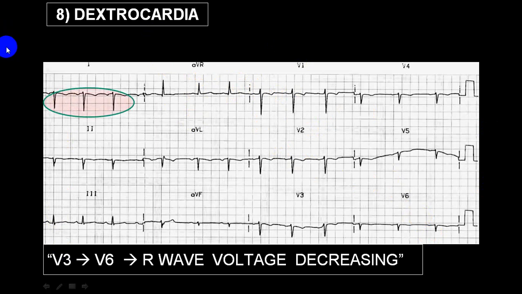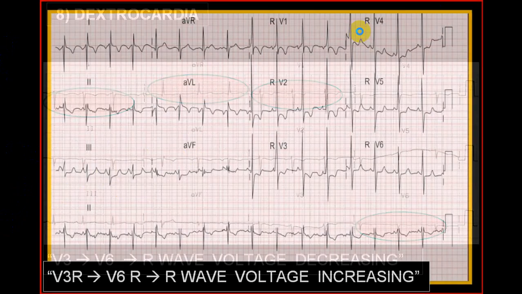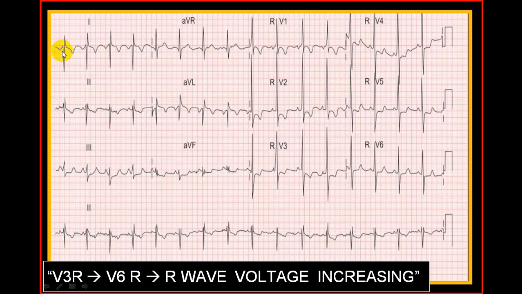So this is AVR. You can look in lead 1, in AVR, and look in V6. This is characteristic of dextrocardia. And now in this person, if you take V3R, V4R, V5R, V6R, you will have a gradual R wave progression. So you can look here, these are negative. Here it is positive, right?